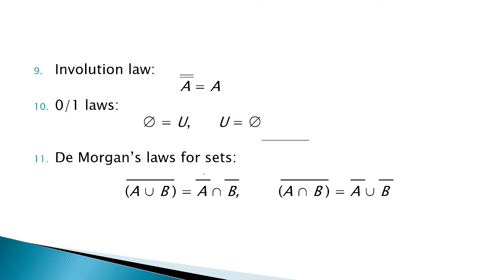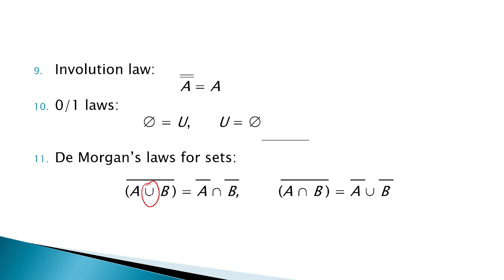And lastly, this is De Morgan's law for sets. We also use this for logic, but for sets, this is the notation. We will extensively use this in proving if two sets are equal. The complement of A union B is equal to the complement of A intersection the complement of B. If an expression has an operation with a bar on top, you can remove the bar. How?